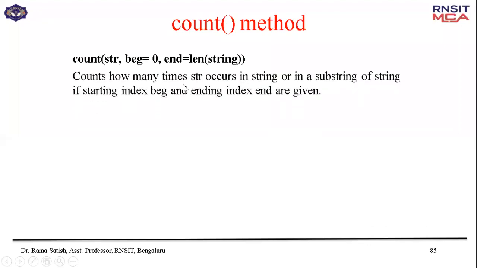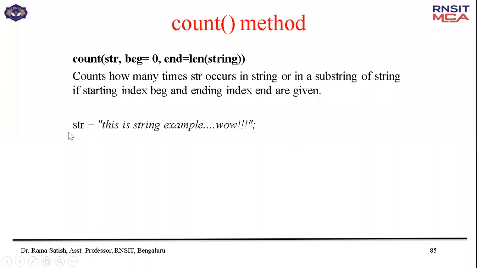So it counts how many times the string occurs in another string. Here str is nothing but a substring in another string. You can also give the beginning and ending of the search, so those are the character positions you can give.